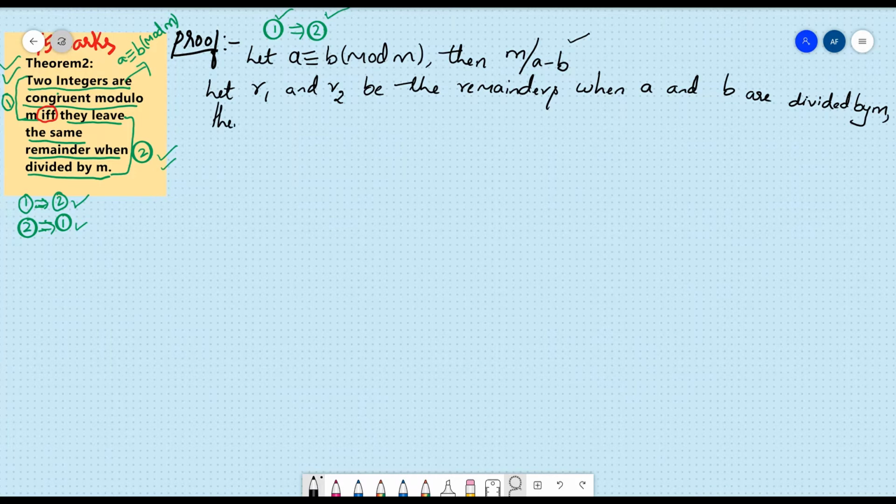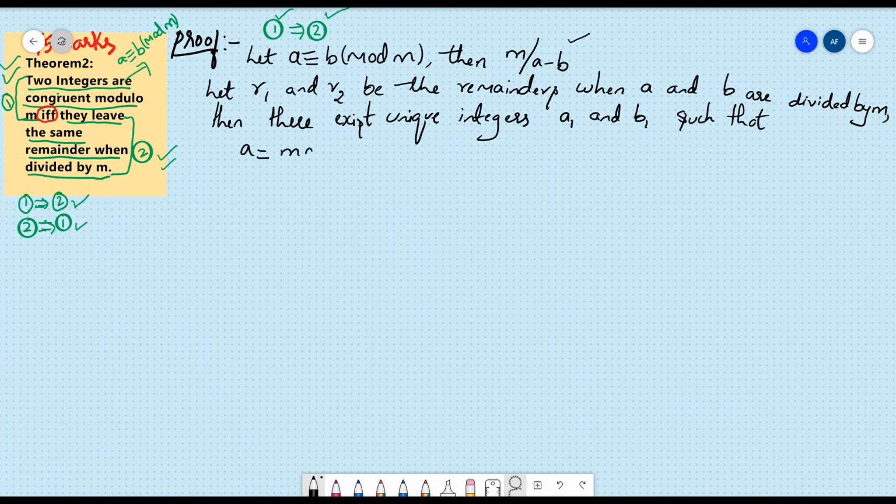Then there exist unique integers a1 and b1 such that a is equal to m a1 plus r1, and b is equal to m b1 plus r2.